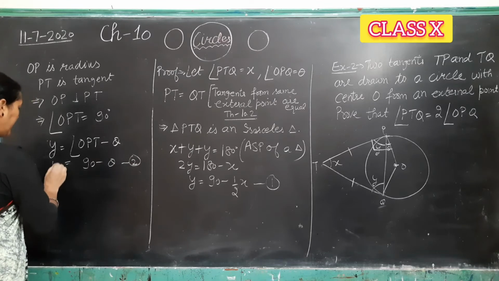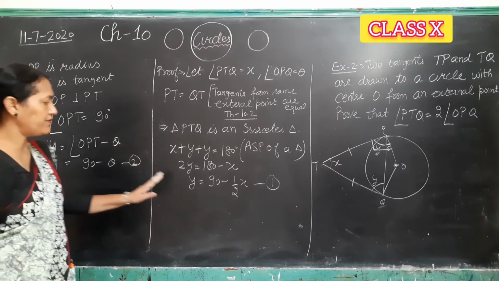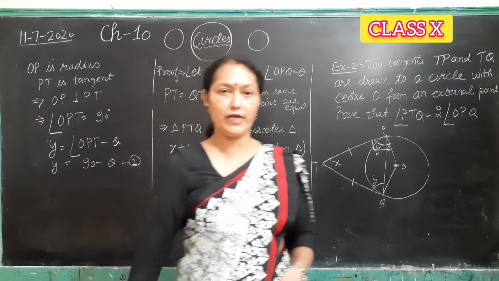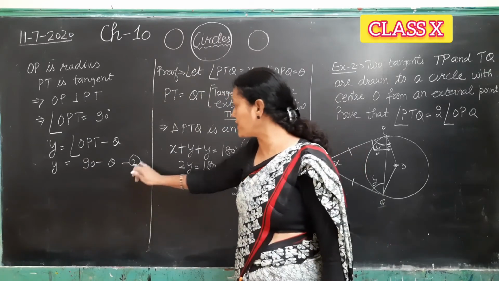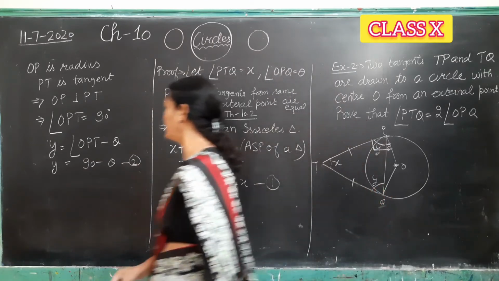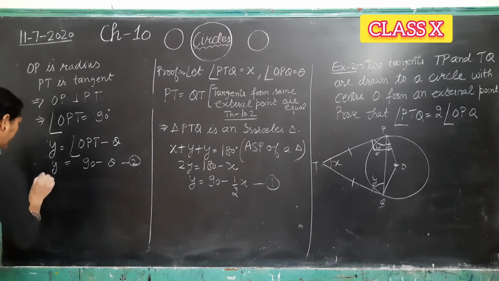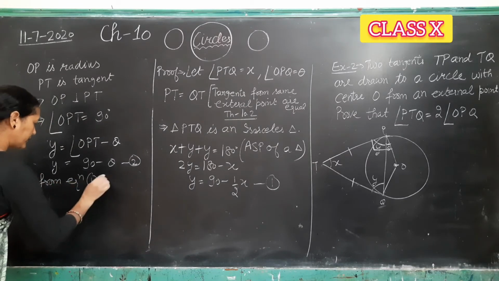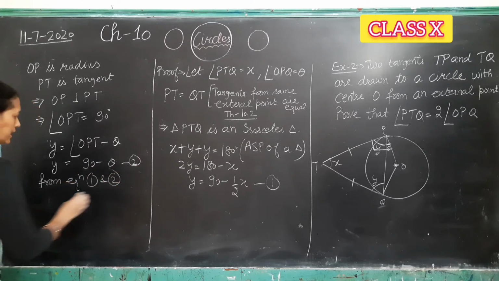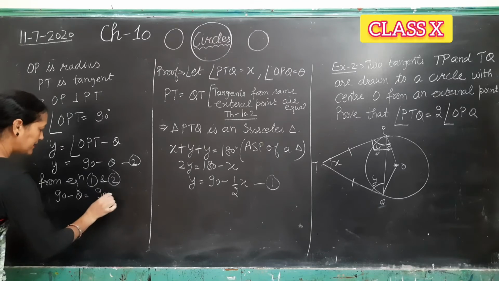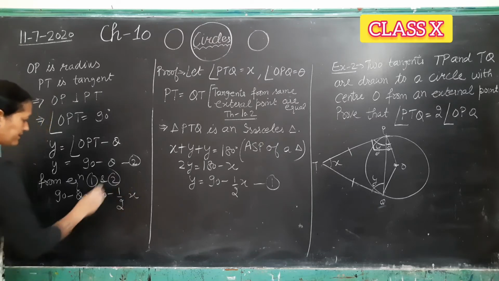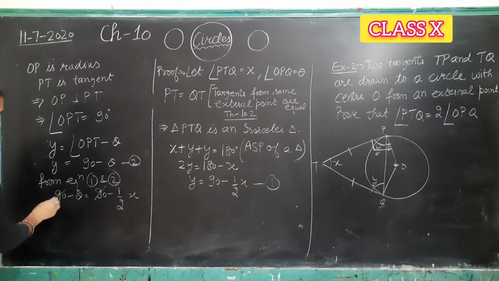Equation 2. These two equations are giving us the value of angle y. So, using equations 1 and 2, can we write 90 minus theta is equal to 90 minus half of x? 90 will get cancelled.